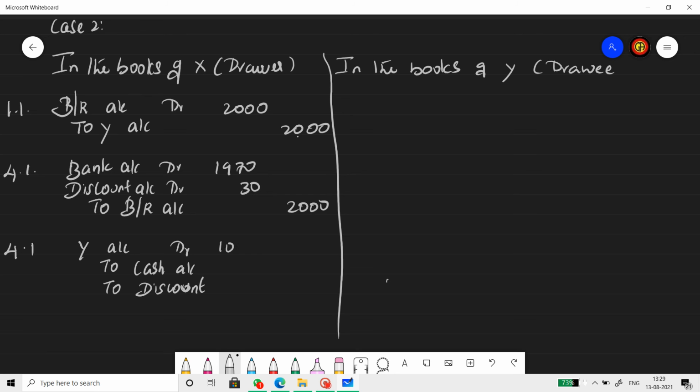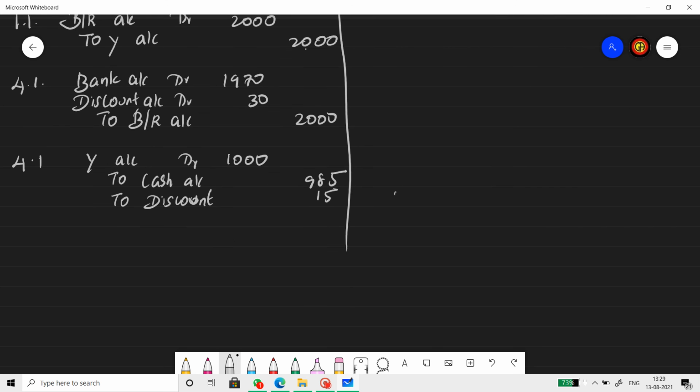Amount is 1,000 rupees because half of 2,000 is 1,000, half of the discount is 15 rupees and the remaining is 985. The bill date is 3 months. Okay, so Jan, then February, March, April. So April 4th.